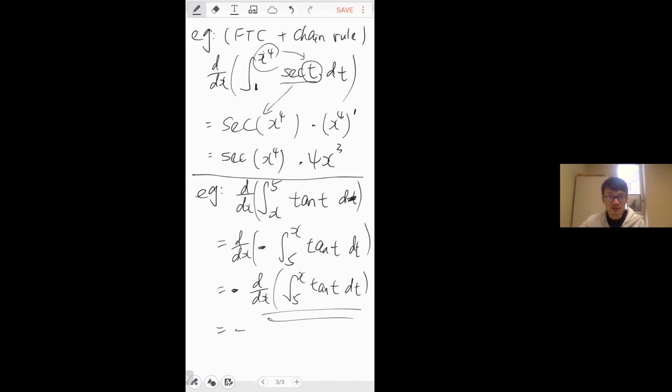The lower limit is 5, the upper limit is just x. So by the fundamental theorem of calculus, you need to replace the t by x. So tangent of x, negative tangent of x. Questions? No? Okay. Next one.